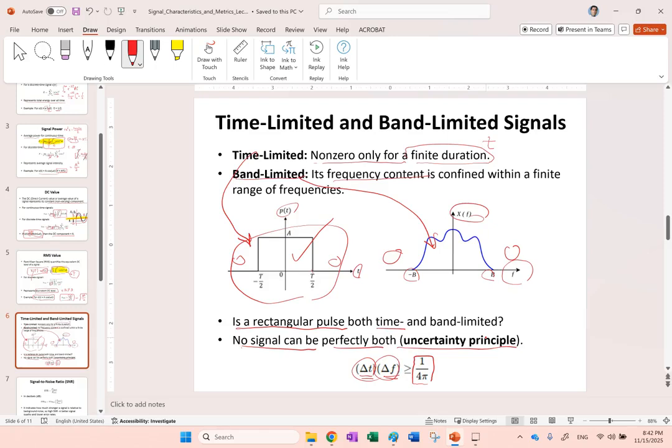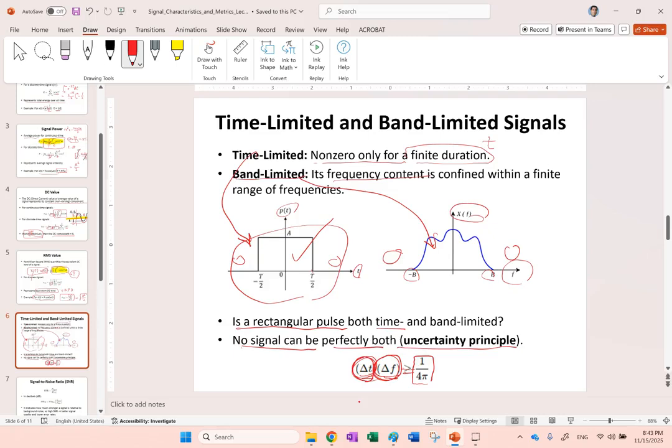And you might say, well, is there any case that this could be perfectly equal to 1 over 4 pi? Well, because there is an equality, if your function is a Gaussian function in the time domain, in the frequency domain it's also a Gaussian.